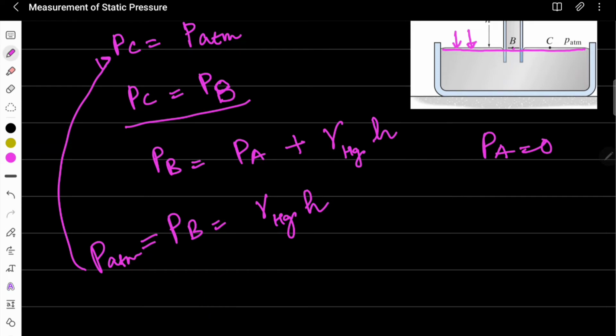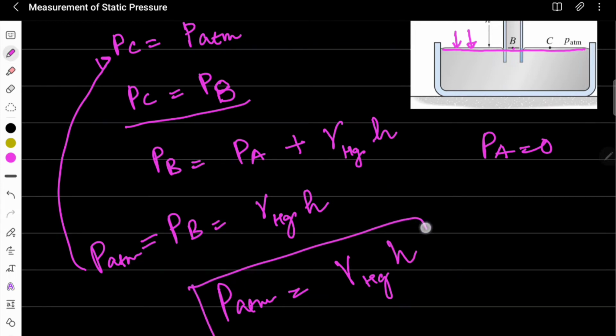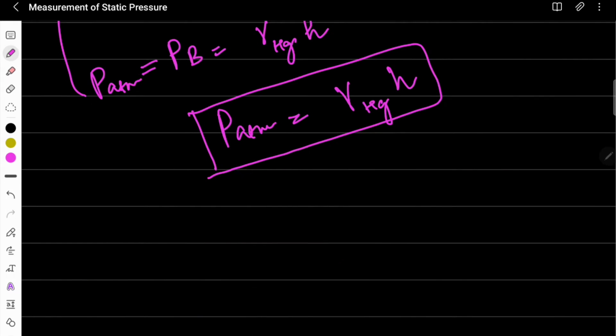So P atm, or atmospheric pressure, can directly be measured by the height of the mercury column, which we are able to see in the barometer.